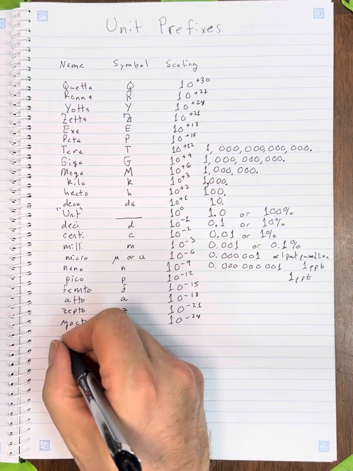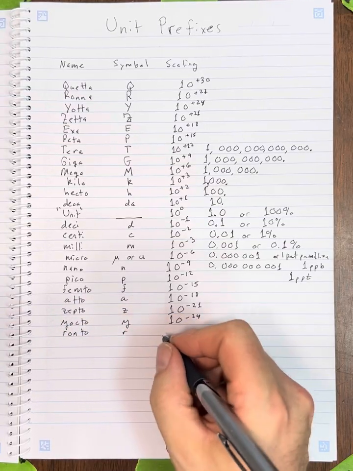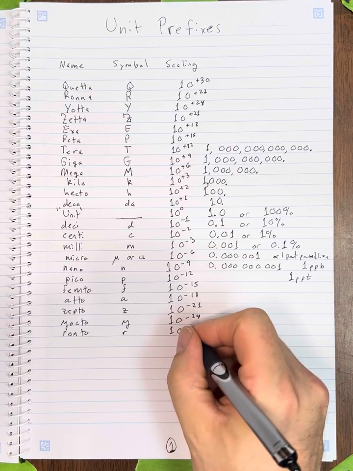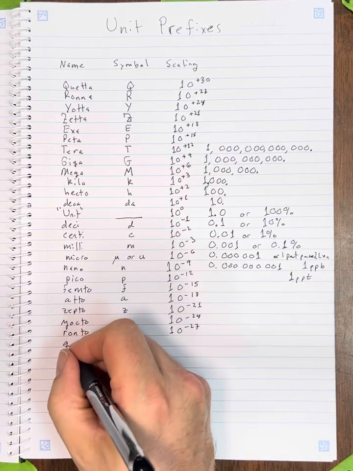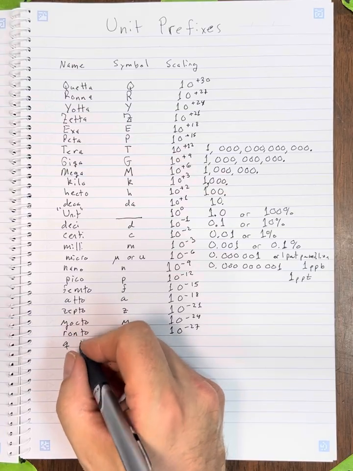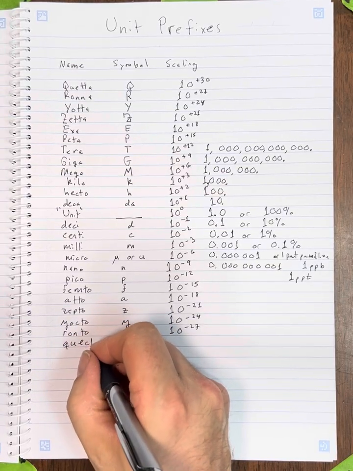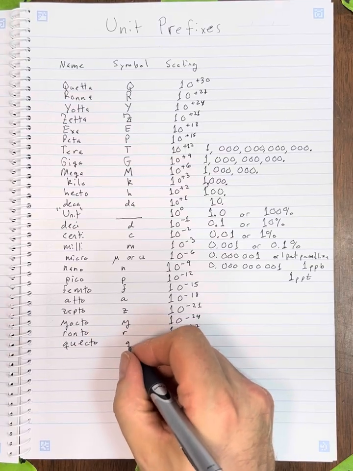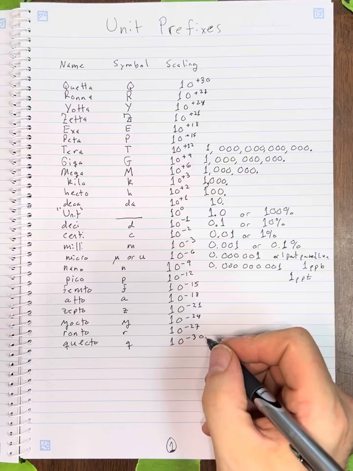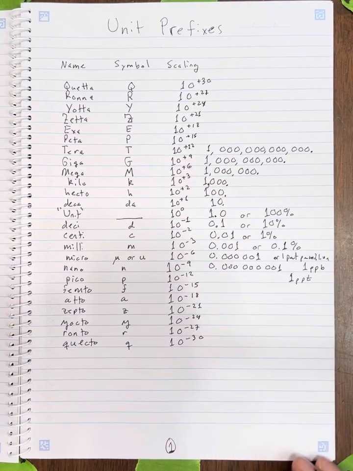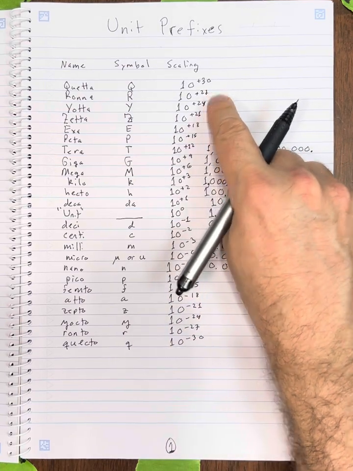Then we've got ronto, R-O-N-T-O, lowercase r, that is 10 to the negative 27. And then we've got quecto, Q-U-E-C-T-O, lowercase q, 10 to the minus 30. So this is very, very, very small. This is very, very, very big.